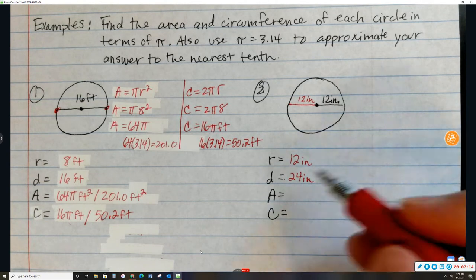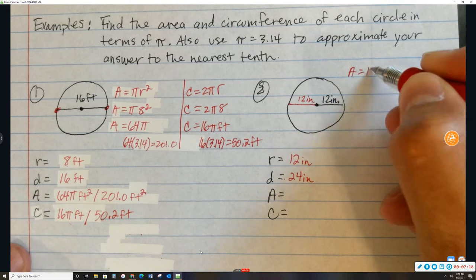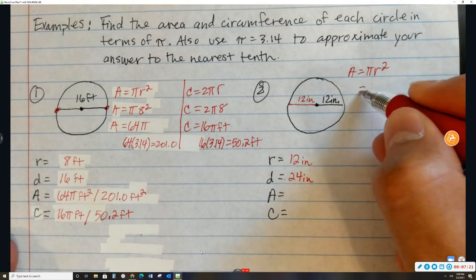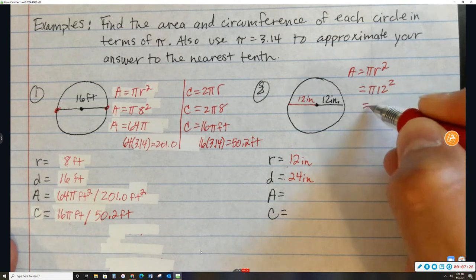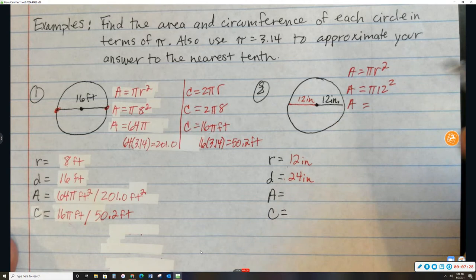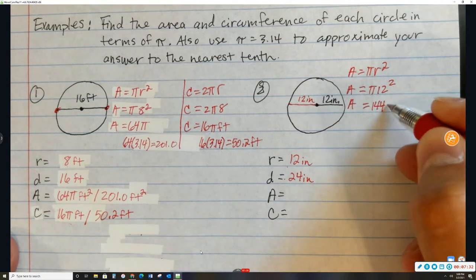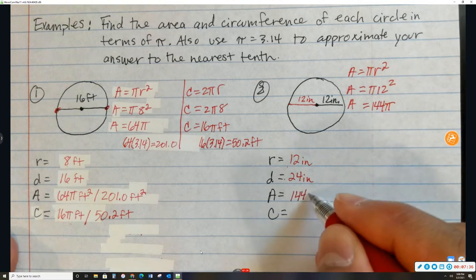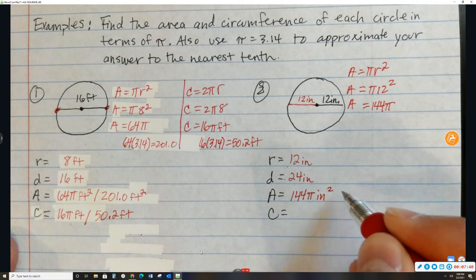Okay, the area is pi r squared. R is 12, so I'm going to put 12 squared here. And then 12 times 12 is 144 pi, so that's the area, 144 pi, and then that's inches squared.